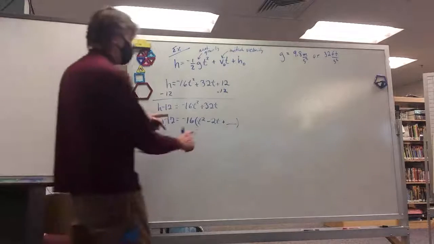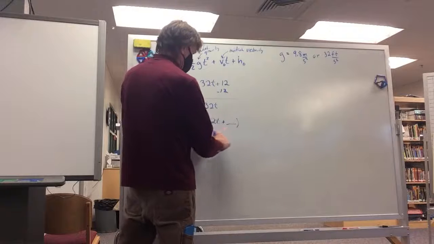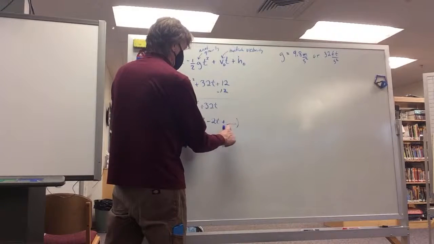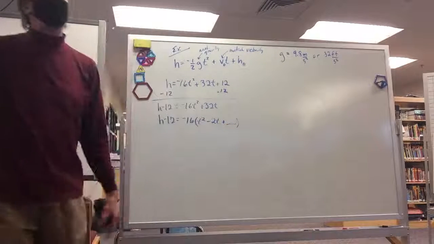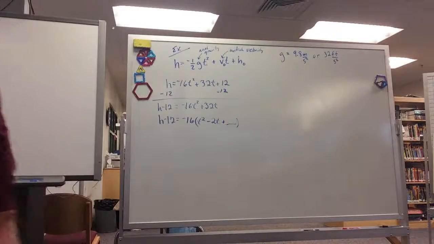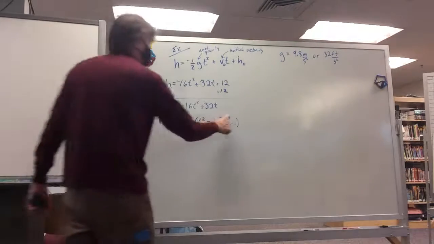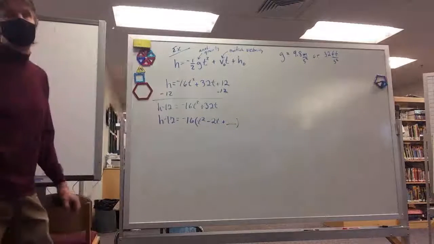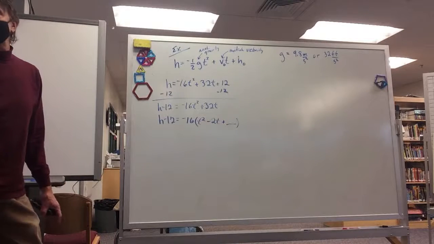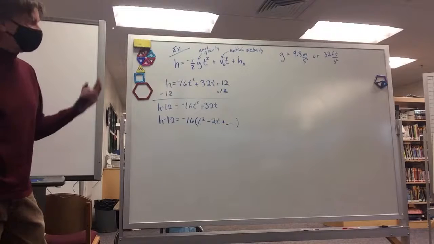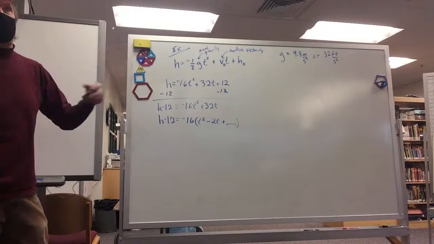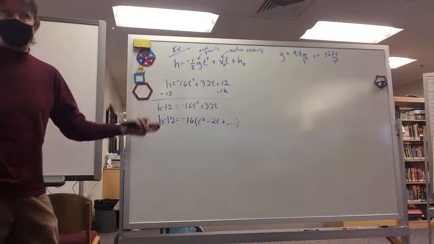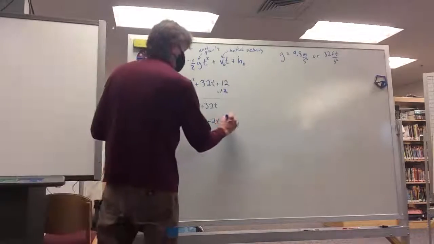So if we just take a look at this portion, what do we have to add here? Now this is important to keep track of your numbers. What do we have to add here to make this into a perfect square in the parentheses? Half of negative 2, and then we square it. So half of negative 2 is negative 1, and you square it, and that's equal to 1.